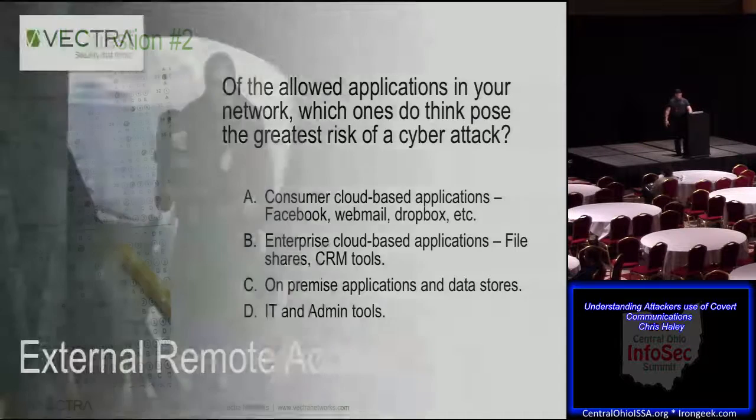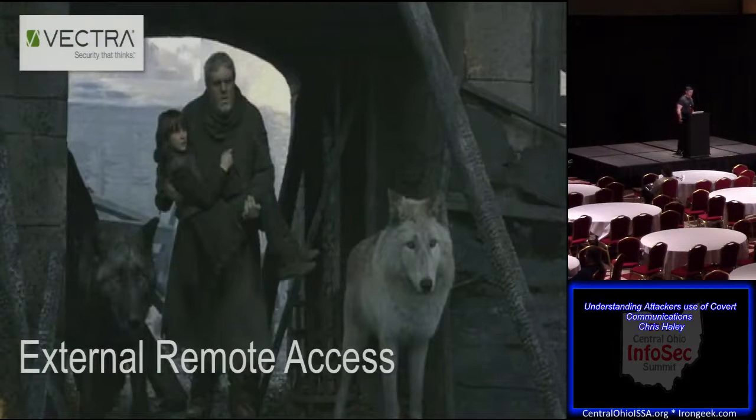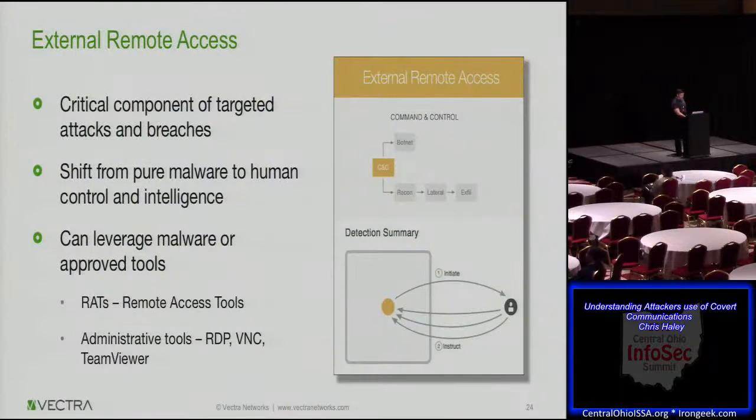So let's talk a little bit about remote access. If there's any Game of Thrones fans in this room, we all know that Bran has this innate ability to control his dire wolf and instruct him to rip the throats out of any threat potentially to him or others. But when you're looking at remote access, there are really a few components.